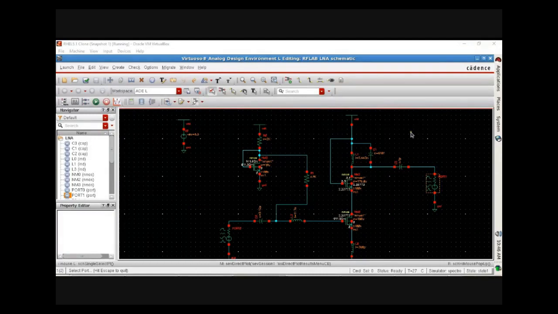Now, what you're seeing on the screen is an amplifier. It is a low noise amplifier, but don't worry about the circuit or the components. The whole idea of showing the simulation right now is to show the harmonics coming at the output of an amplifier, and what happens to the harmonics' amplitude if you increase the input amplitude.